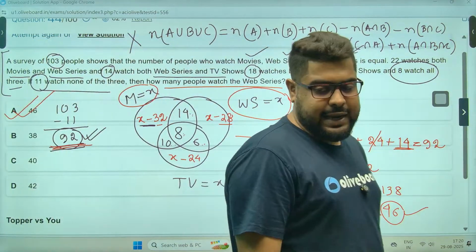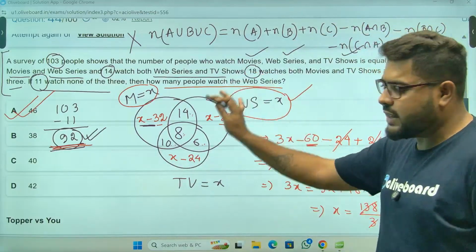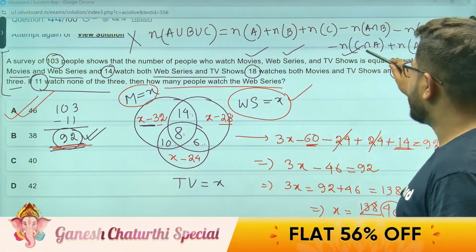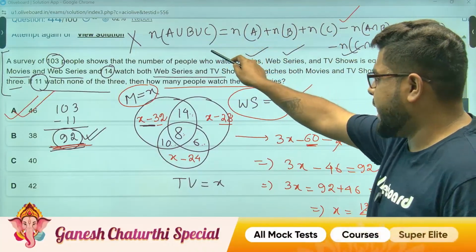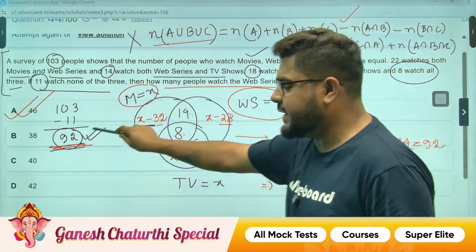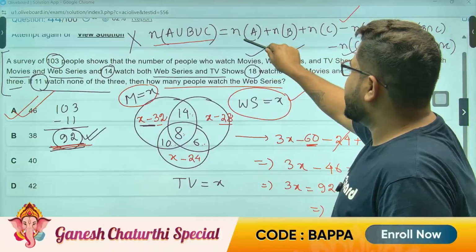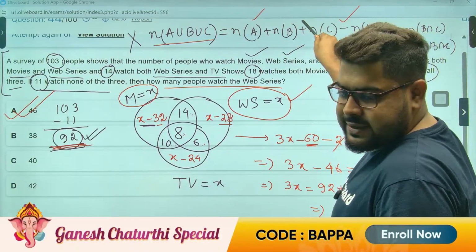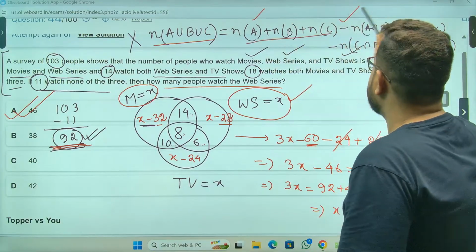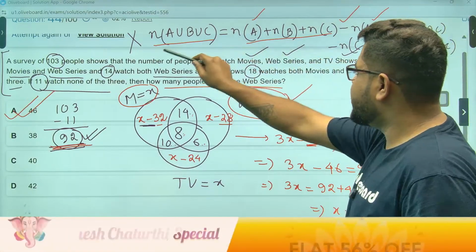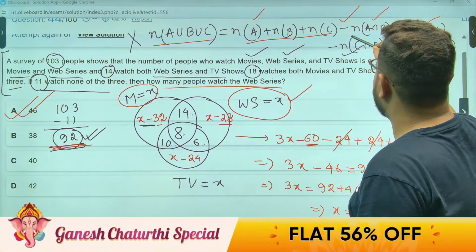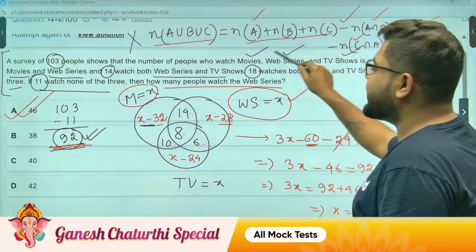Now again, it was a little on the lengthier side. If you use the formula, you just put in the values. N of A union B union C means 92. N of A, given x, 3x, these three, minus these values, which are given as 22, 14 and 18, and this one is given as 8.